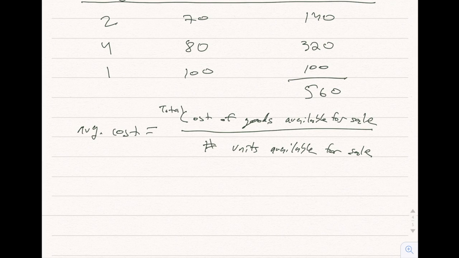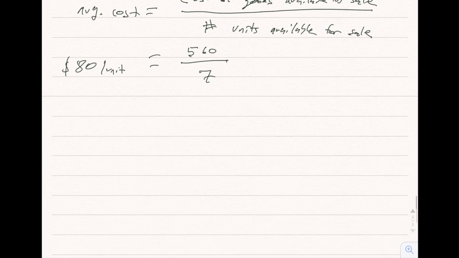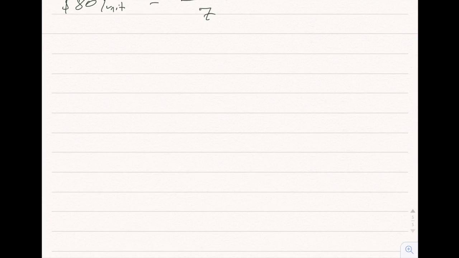Okay, so that's just 560 divided by 7, right? 560 divided by 7 equals $80 per unit. Okay, so we're almost done.